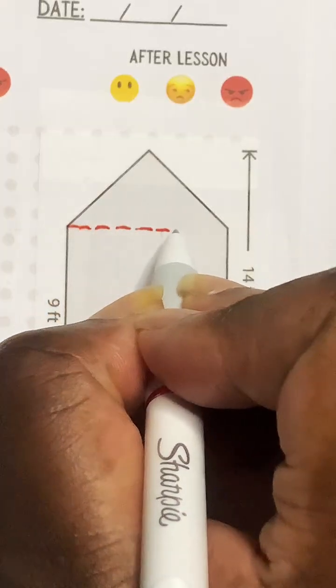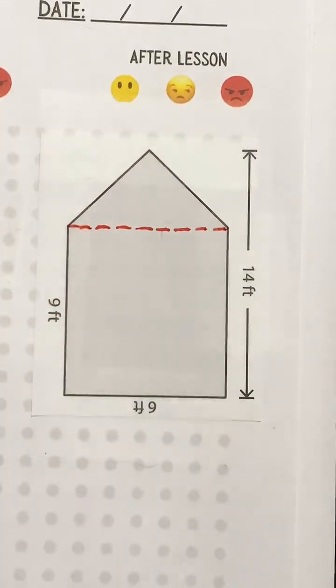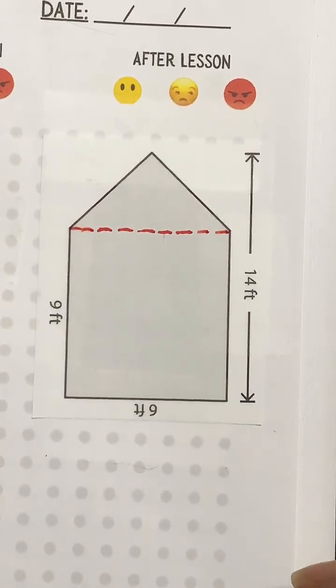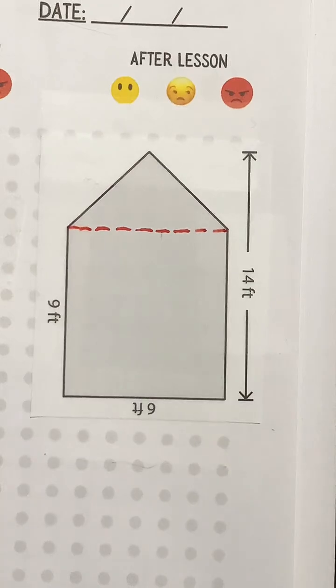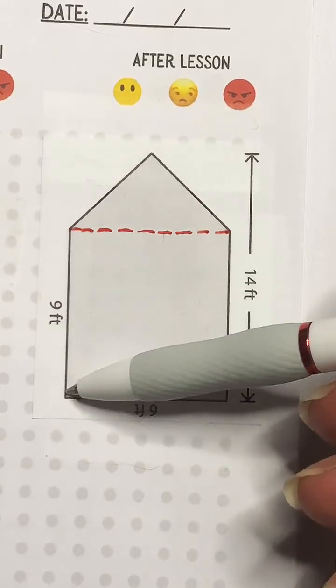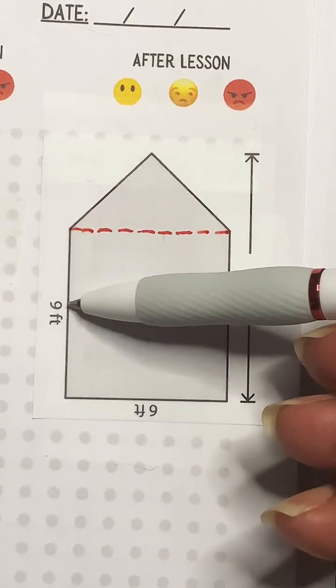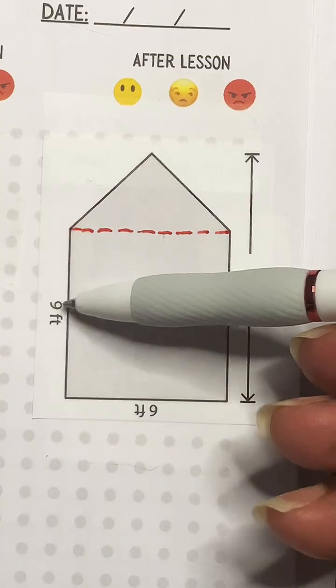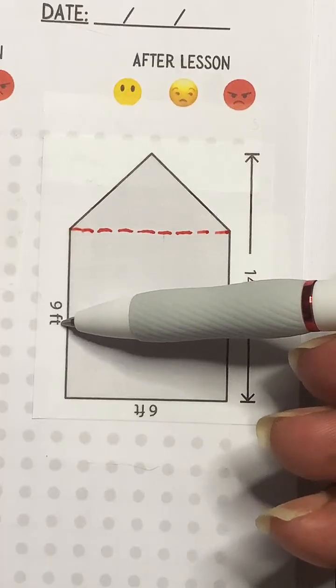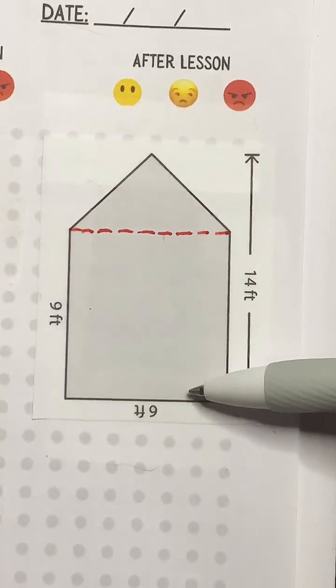Now, some people are saying a rectangle, some people are saying a square. I know it's kind of interesting, so I'm going to do a little bit of rotating. From here to here is 9 feet. I know it looks like a 6, but remember, they always put the units at the end, so that's 9 feet. Over here, it's a little upside down. So let me turn it for you.